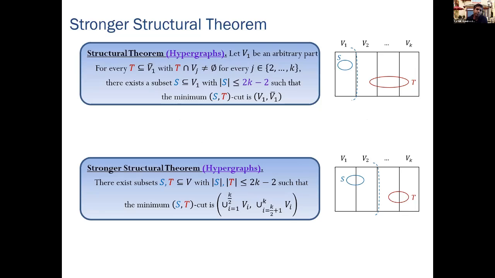So you try to recover V1 through Vk over 2 as a union. And it turns out you can do this with small sized S and T, and then you recurse on the two sides of the hypergraph. That's the idea. It's basically divide and conquer. Instead of trying to find one part after the other, you try to find half of the K parts.